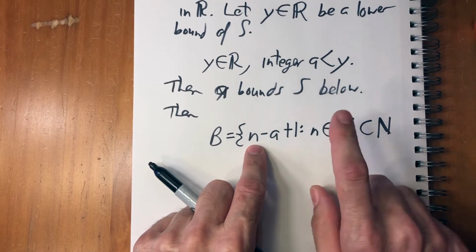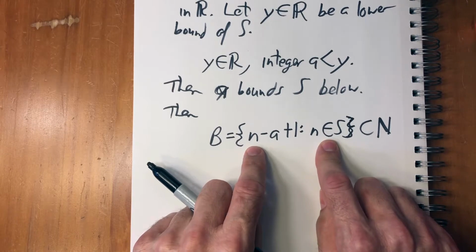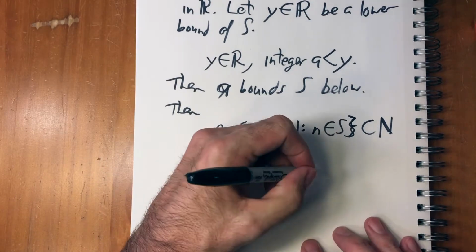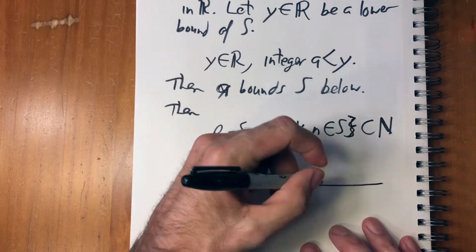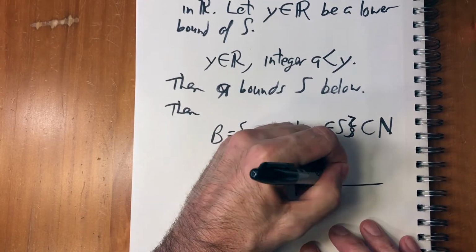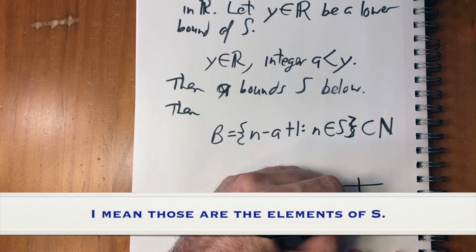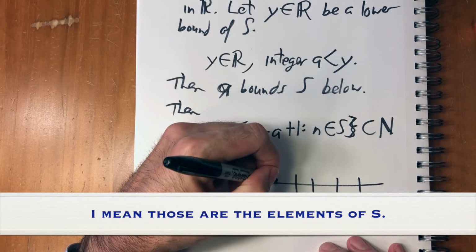So n are the elements of S. A, we know, is below everything in S. So if there's a number line from here up, these are all the elements of S, and A is somewhere below it.